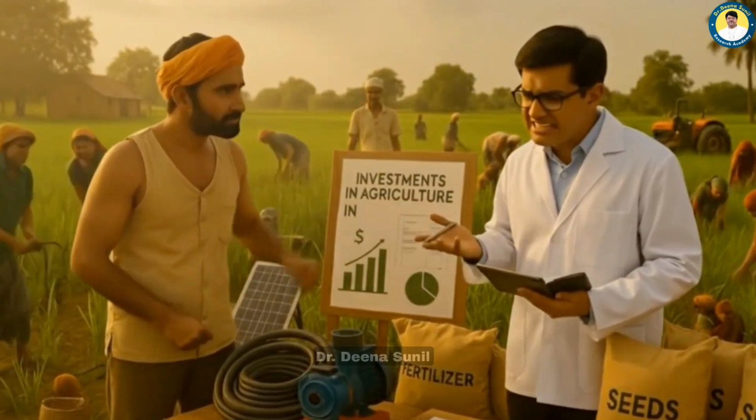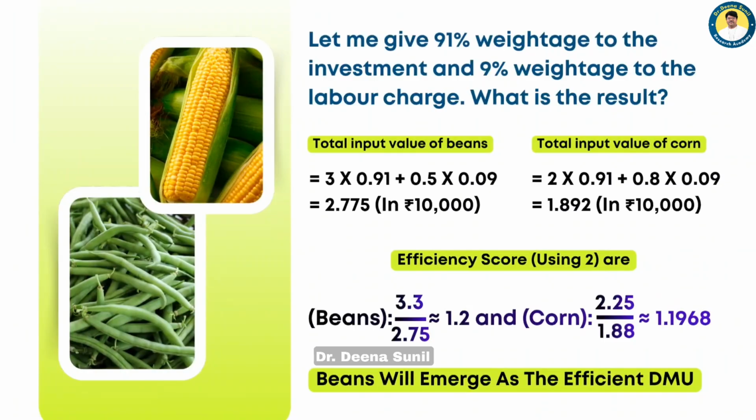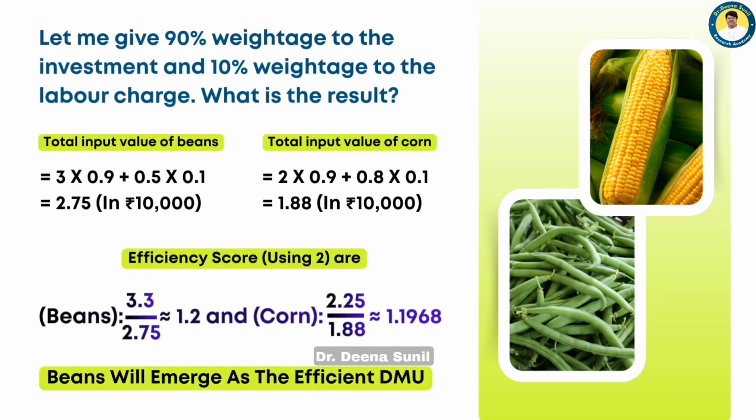So what to do? Now what they have done, coming to this slide, is give 91% weight to the investment and 9% weight to the labor charge, and then we do the calculation and see the result. In this case, corn will emerge as the efficient DMU. Just change 1%. Let me give 90% weightage to the investment and 10% weightage to the labor, and then after calculation, what will be the result?